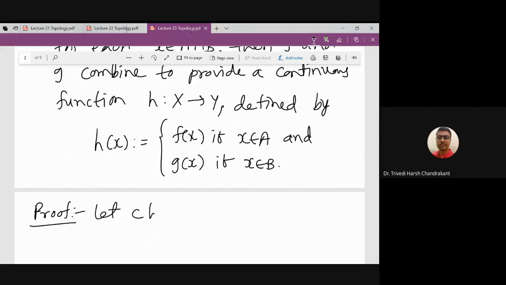So let C be a closed set in Y. If we can show that the inverse image of C under this function H is closed, then H is continuous.